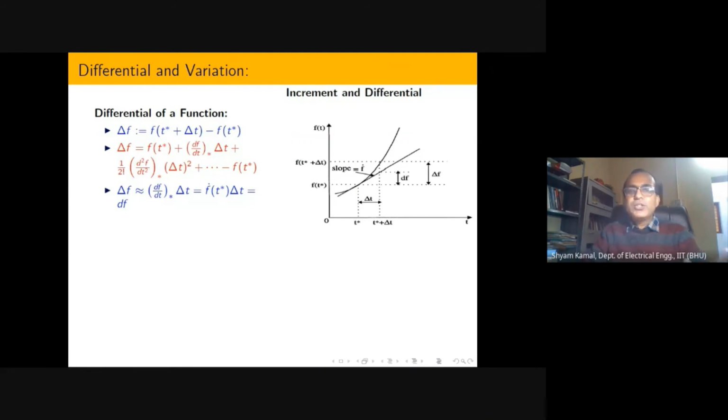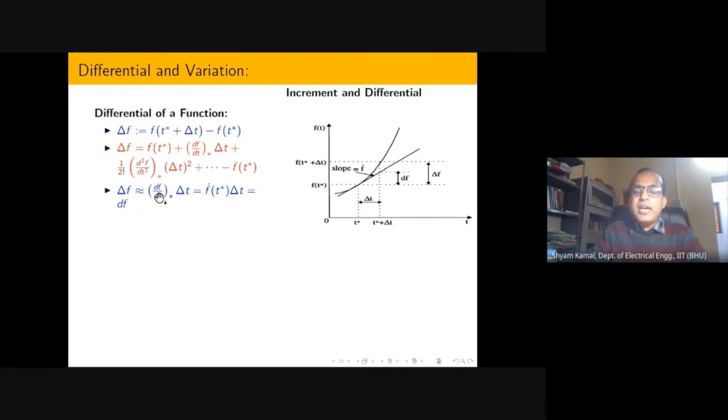In calculus, we are searching for some point where we can tell that some function has a minimum or maximum value, depending on our requirement. Now, whenever I have a function, what we are basically doing is taking the differential of the function.